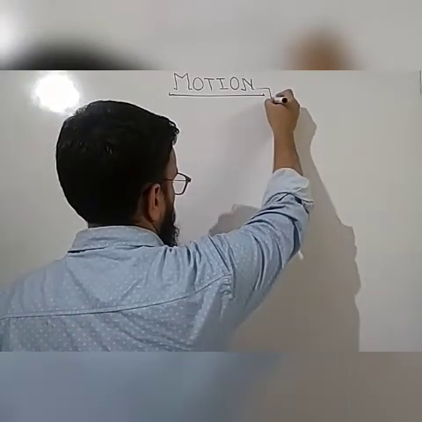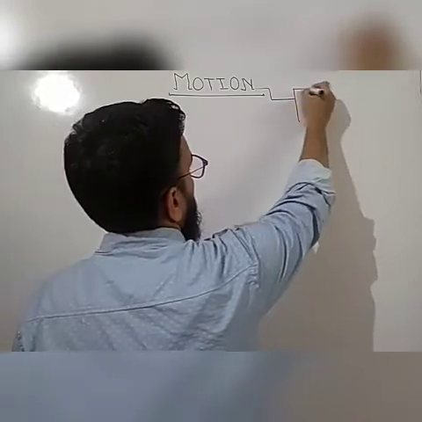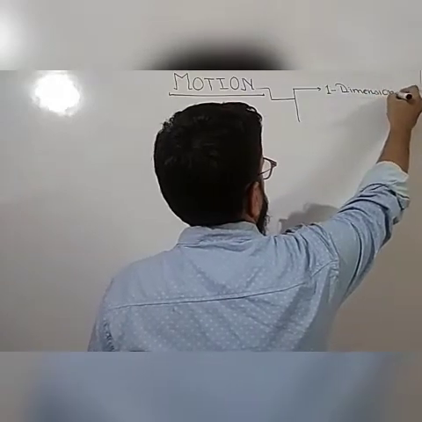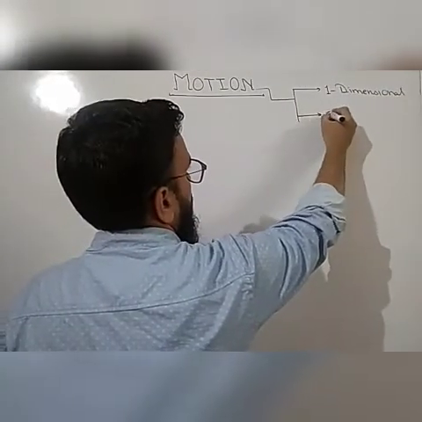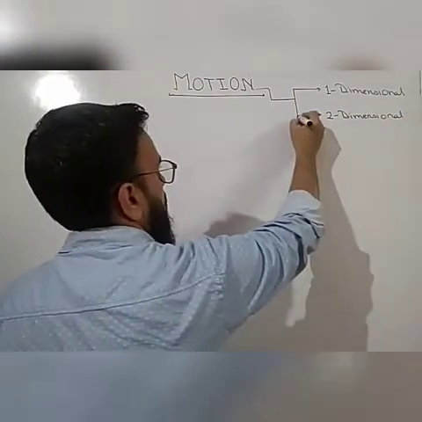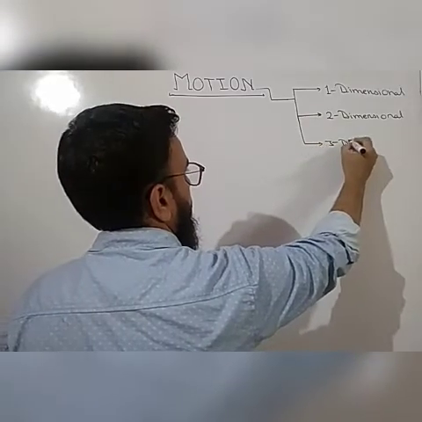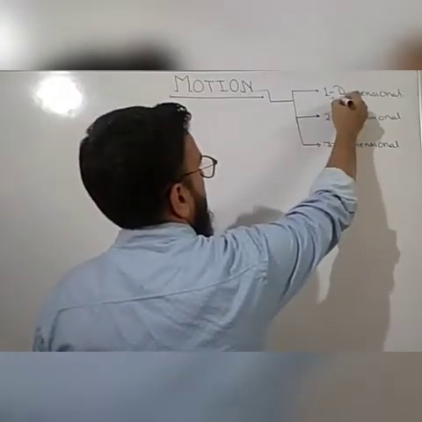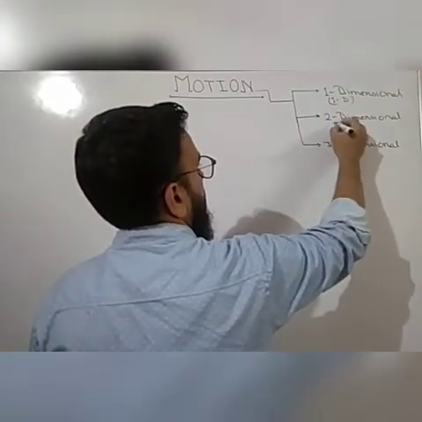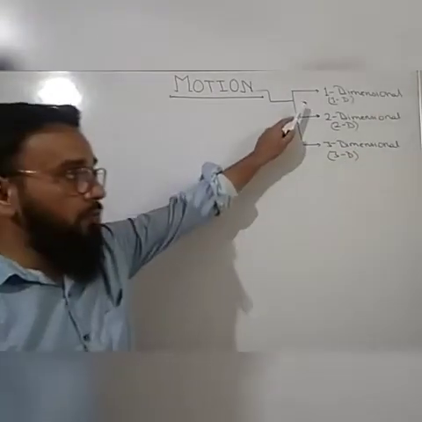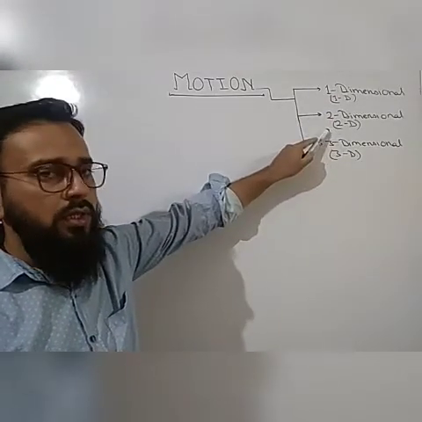The motion can be classified as one-dimensional motion, two-dimensional motion and three-dimensional motion. It is also known as 1D, 2D and 3D motion. This is one classification of motion. We will discuss it later on in detail also.